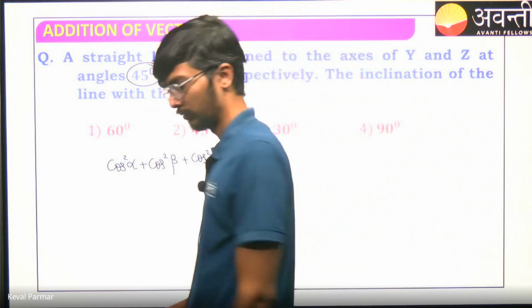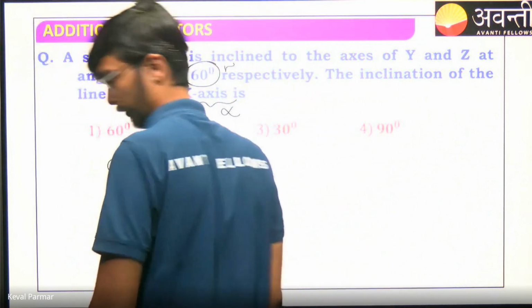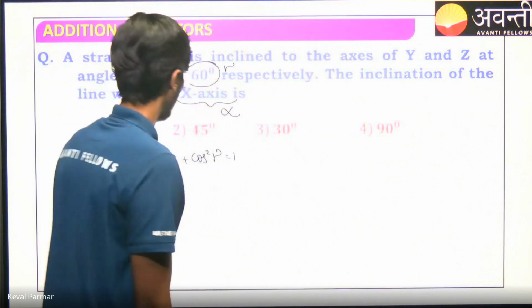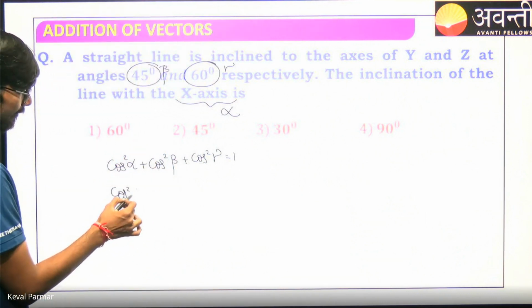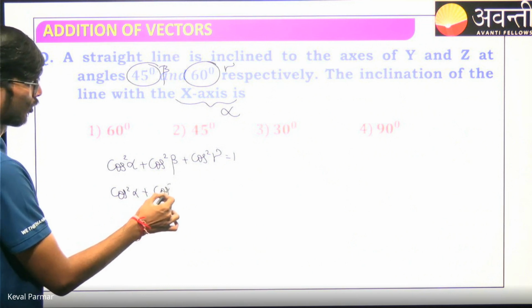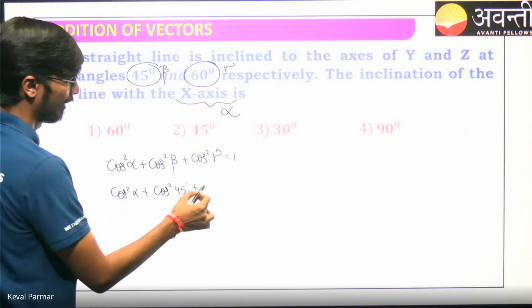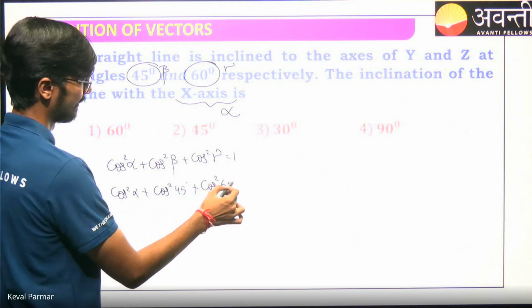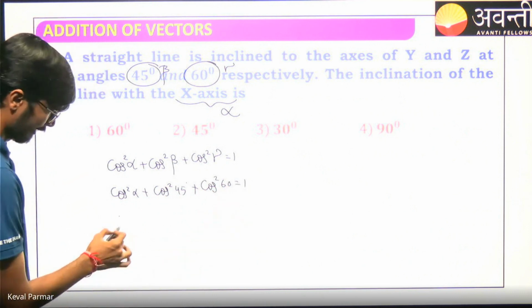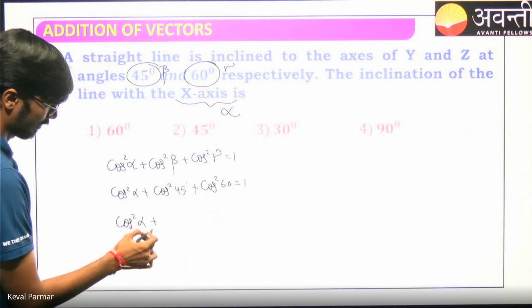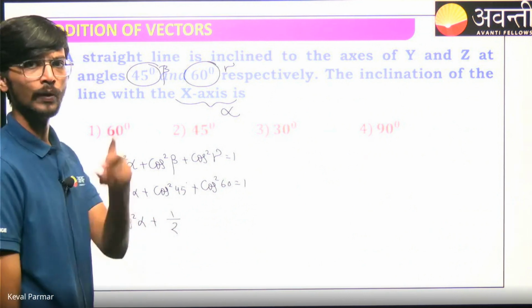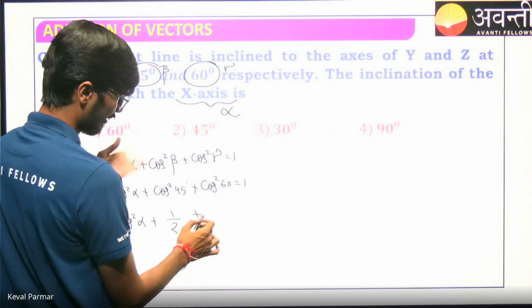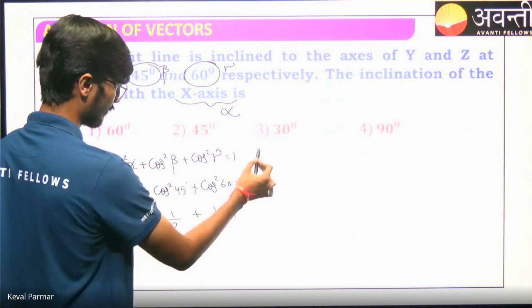Okay, super. Chalo. So let us substitute the values. Cos square alpha plus cos square 45 plus cos square 60 equals 1. That means cos square alpha plus, 45 means 1 by 2, correct? The square will be 1 by 2. 60 means 1 by 4, equals 1.